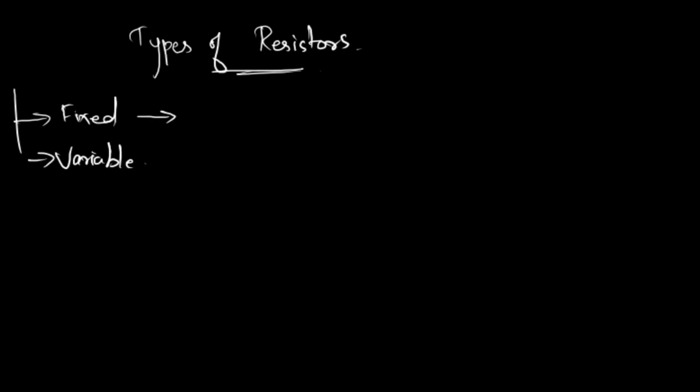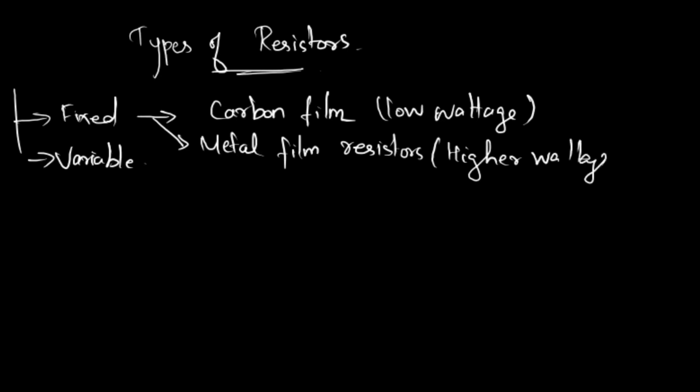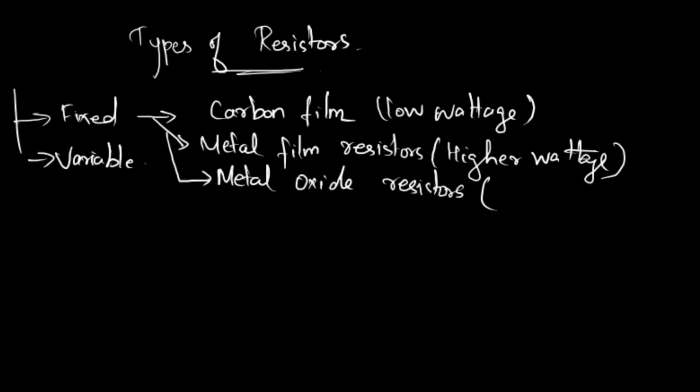These fixed resistors are of various types such as carbon film resistors, which have a lower wattage rating, metal film resistors, which are of higher wattage ratings, and metal oxide resistors, which are used for the highest wattage ratings.